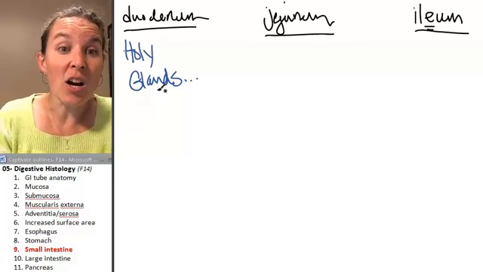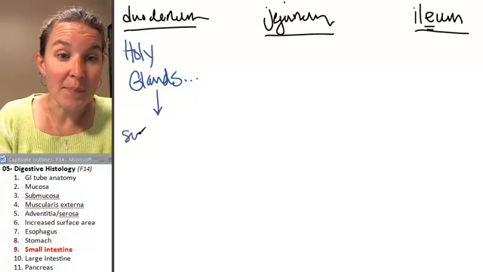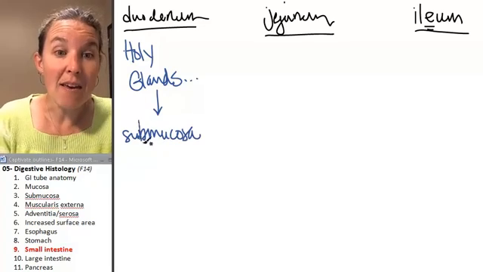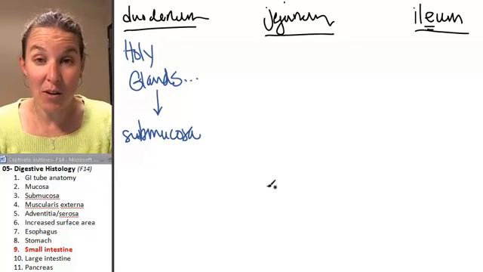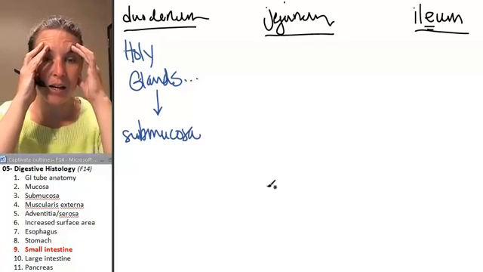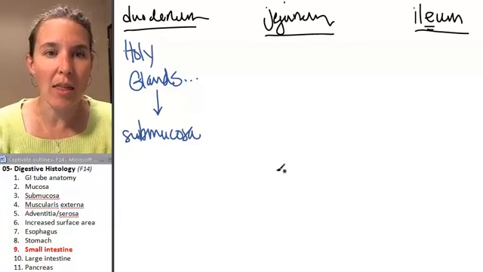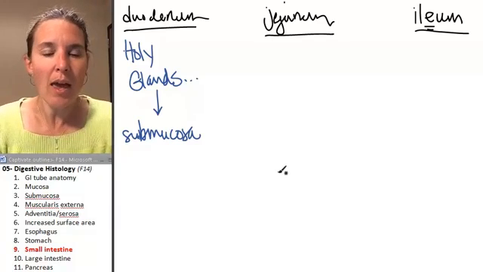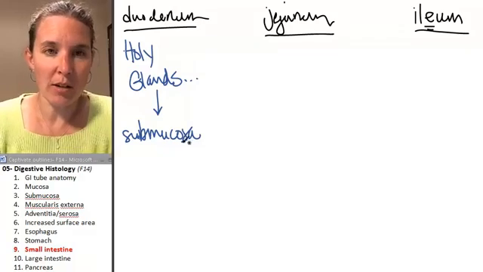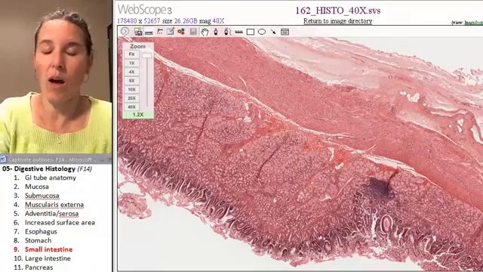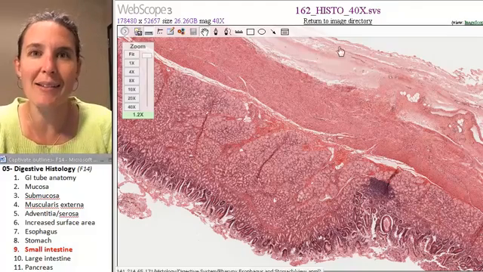These glands are in the submucosa. If you see a submucosa and it looks like a bubbly bubble land, then you know you're in the duodenum. And I'm going to show you a picture here in a second. In fact, I better just go show you a picture right now.